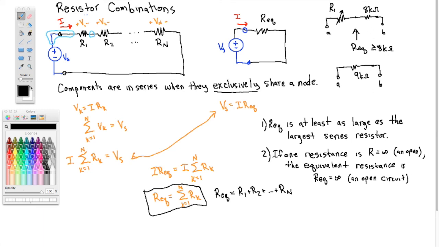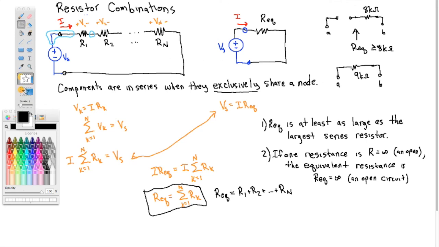Okay, so in this example up here, if I had, let's say, an open circuit here, okay, there's my open circuit. One of the resistors is open. The equivalent resistance is still open.